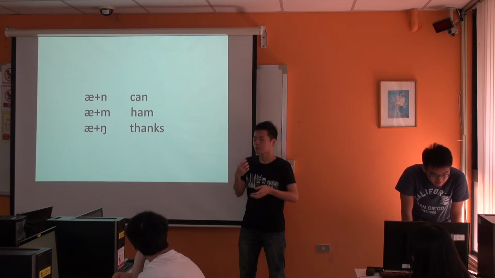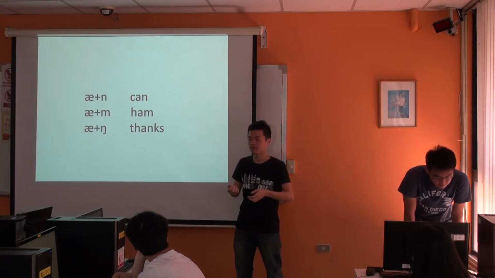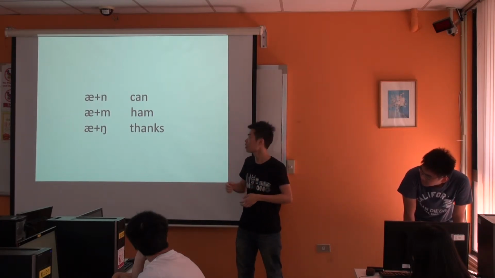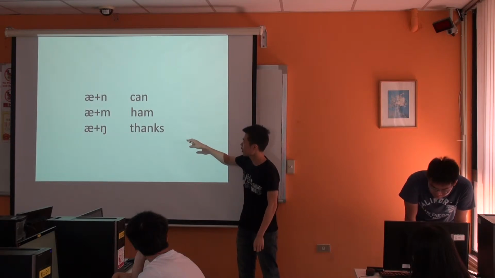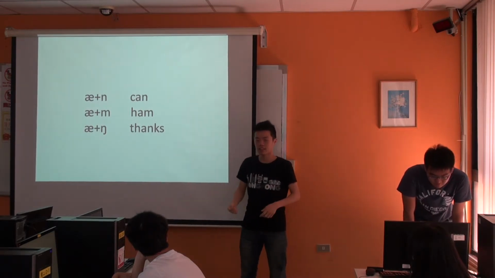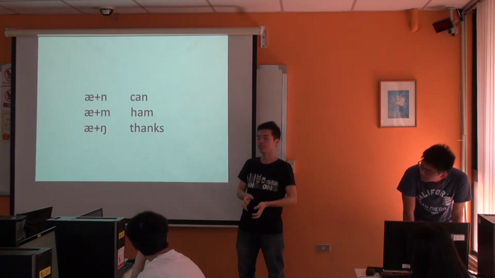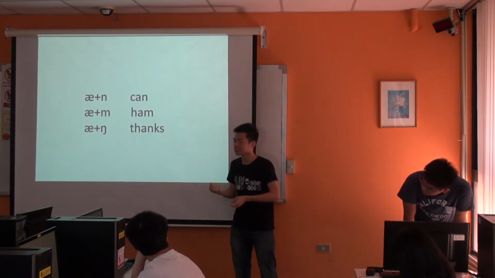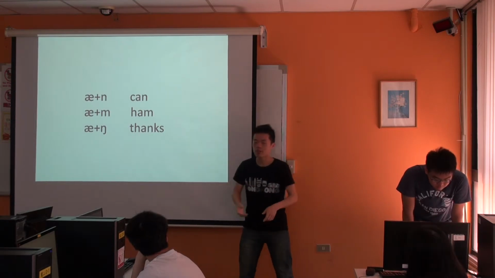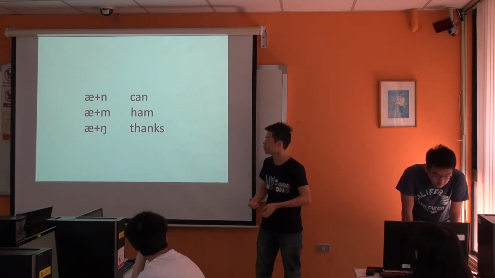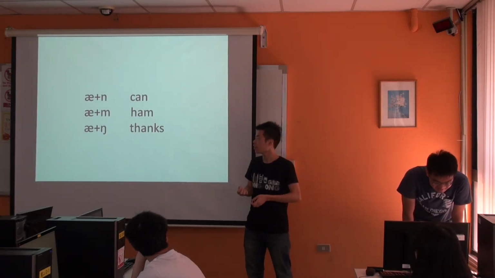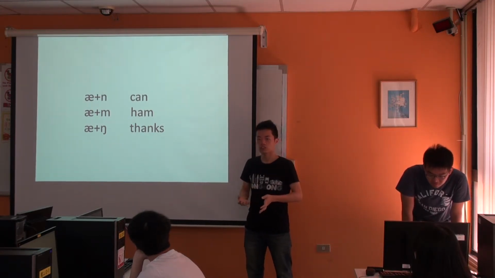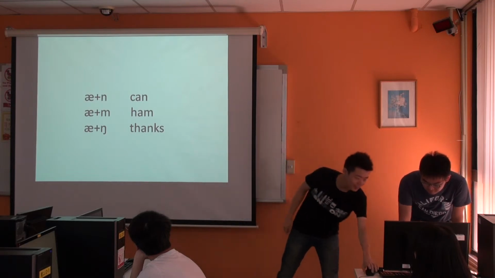In British there will be ham. So no schwa sound. And the last one is thanks in American English. But in British English, the N sound will be dropped. So there will be thank. So no N sounds in British English. So okay, next one.